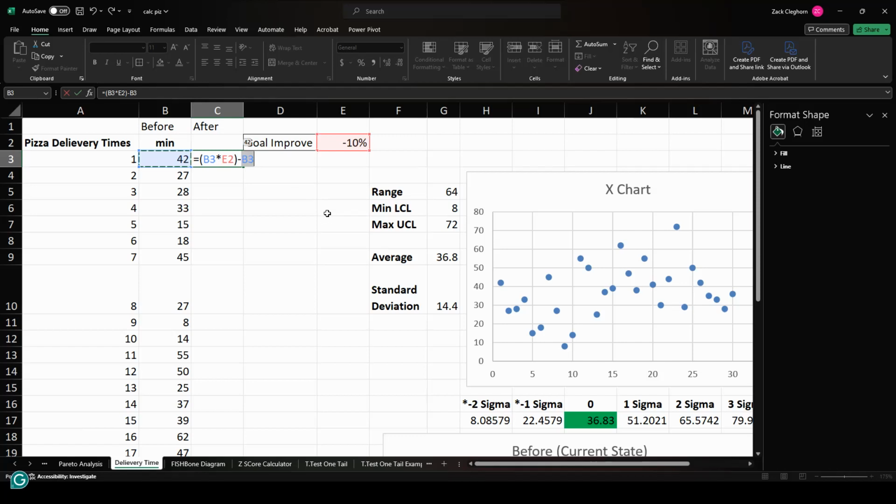That's what it should do. Or you should do minus B3. It should work. Or actually plus, it's plus. Yeah, there we go.